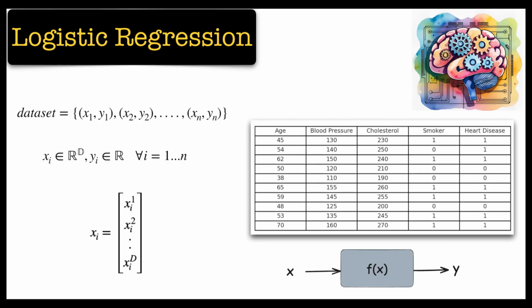So we have to come up with a machine or model where, given any input x, it will predict the y, where x is any combination of the inputs age, blood pressure, cholesterol and smoker, and the output will be one of the classes 1 or 0, whether someone can have heart disease or not.